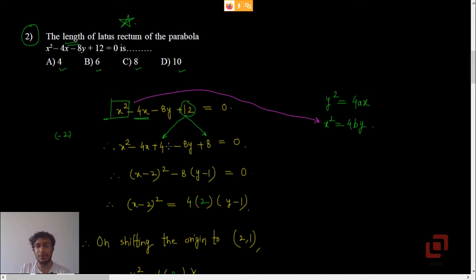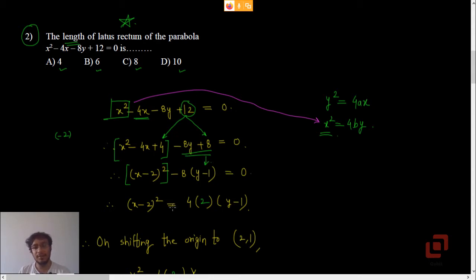If you split 12 into 4 and 8, then the first three terms of the left hand side, x squared minus 4x plus 4, can be written as x minus 2 bracket square. Okay, so this is very similar to x squared. Then you can take minus 8 common, then you will get y minus 1 inside the bracket for these two terms.